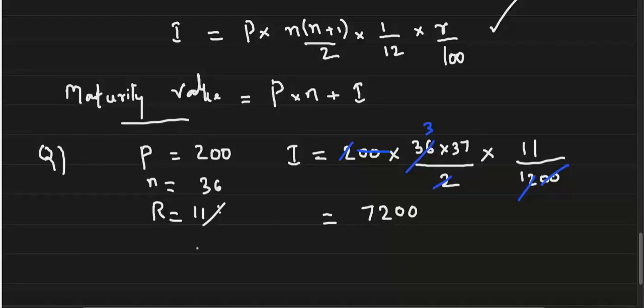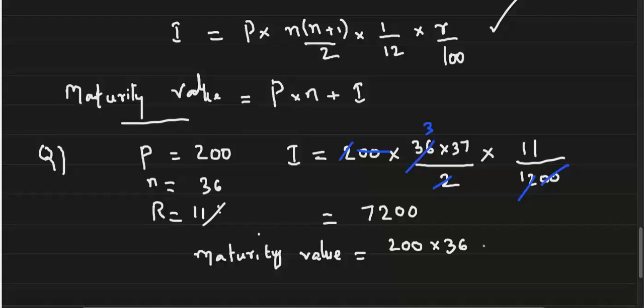What is the maturity value? Maturity value is you add the amount which you paid for n number of months plus the interest. So here the maturity value she will get is 200 multiplied by 36, because she has paid for this period, plus the interest.